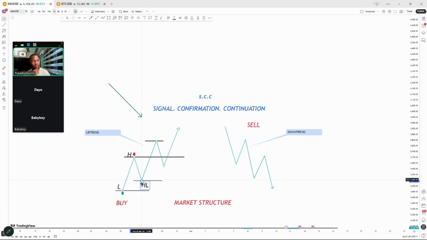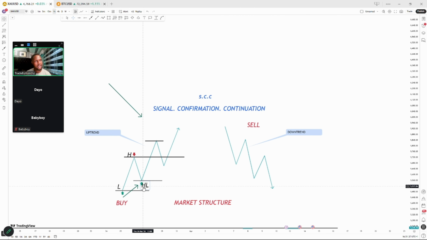This low right here is higher than this low, as if it's going up. So we call this one higher low, because it is higher than this one.